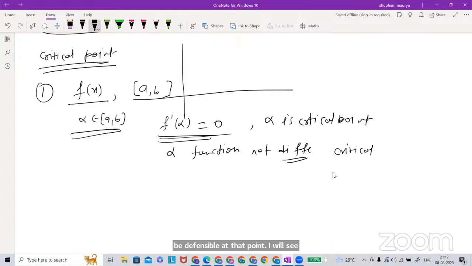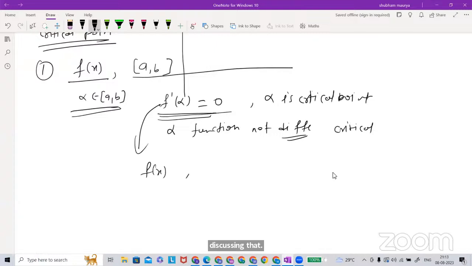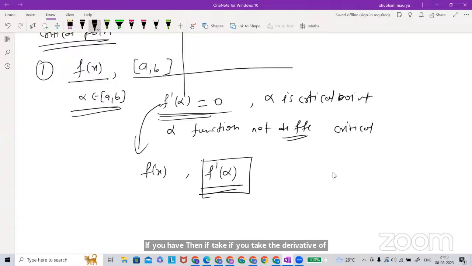First let me tell you what it means that f prime is 0. If you have a function f(x) and you take the derivative at alpha, what does it mean geometrically? It is the slope of the tangent.